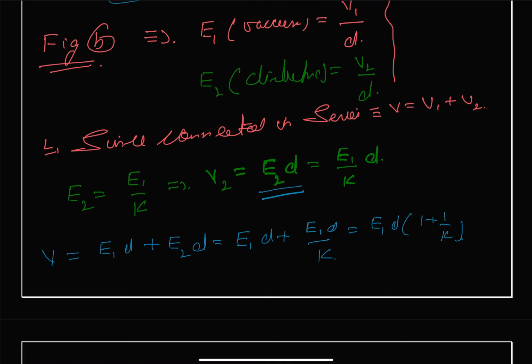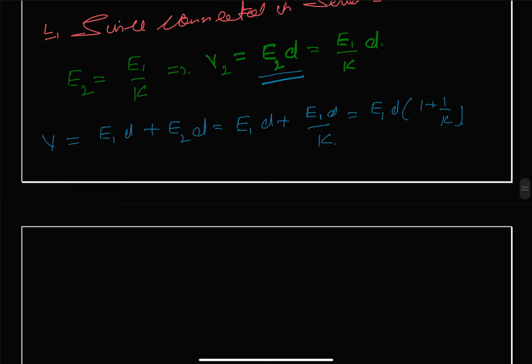So from here we can find the electric field E1, which will be equal to V upon D multiplied by 1 upon 1 plus 1 upon K. And since we found E1, we can easily find E2.